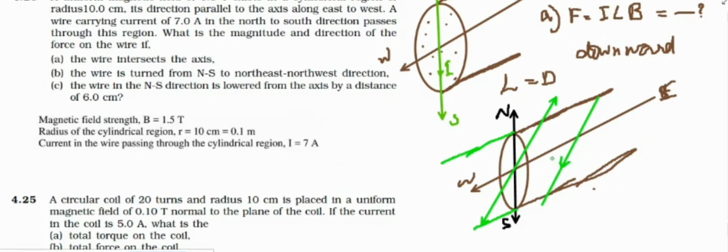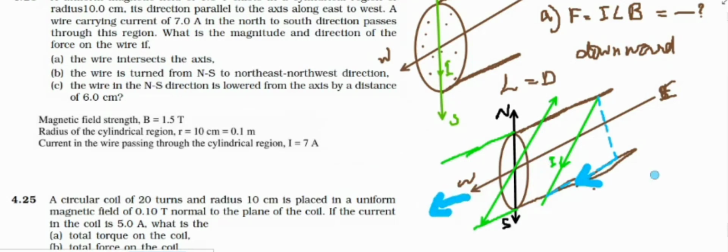Now you can see here, this current we just assume, length of the conductor, IL together a vector. So IL vector we can resolve into perpendicular components like this. Now, two components are there. In the first part, you can see the current is parallel to magnetic field.